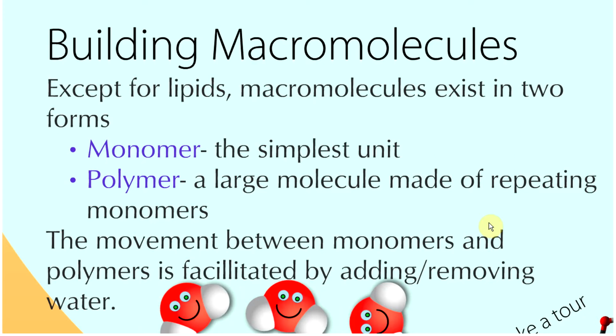Poly means many, so a polymer is going to be a chain of monomer units, and each macromolecule is a polymer. The conversion or movement between monomers to polymers and back to monomers is facilitated or assisted by adding or removing water molecules.